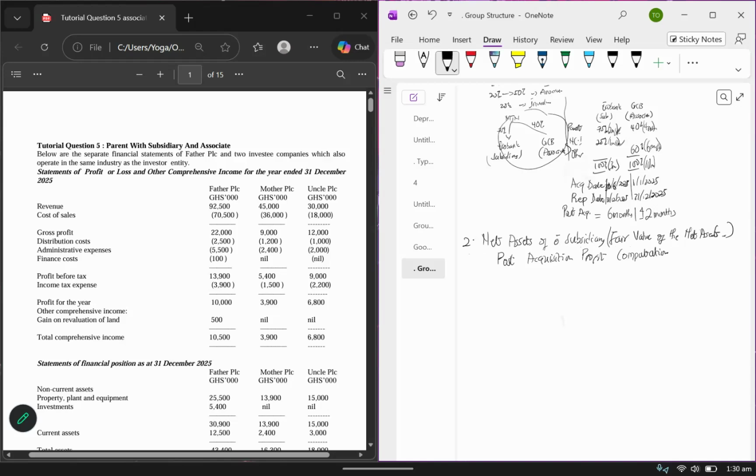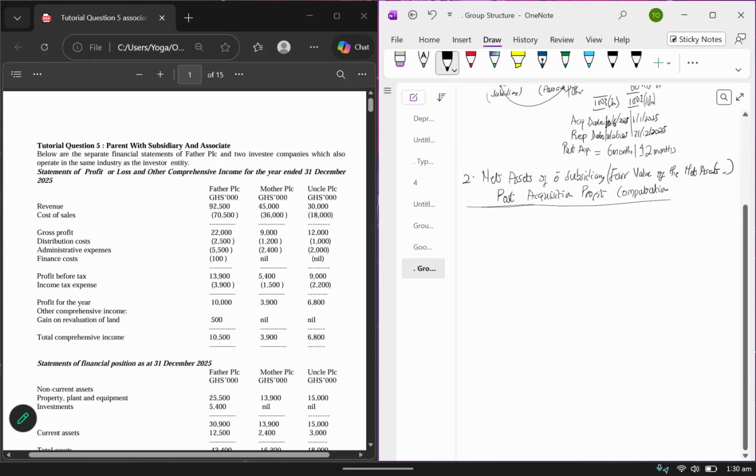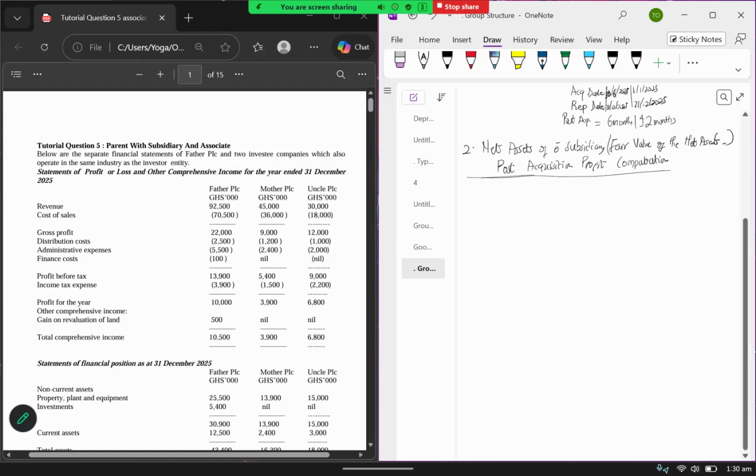So under the net assets of the subsidiary working, what we normally do is we are trying to find, from the date of acquisition to the reporting date, what has been the profits or the reserves, how has the reserves or the profit increased from the acquisition date to the reporting date.